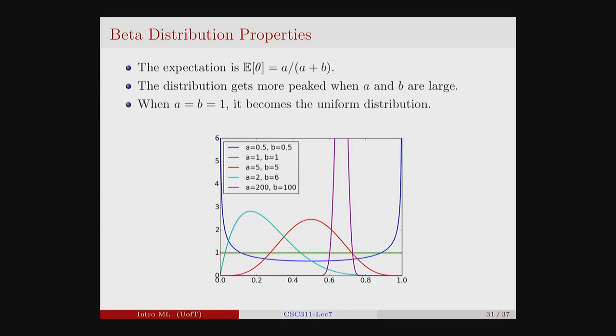If you're someone who has strong beliefs that the probability of showing up heads is 0.65, you might want to pick this one. The configuration for A is equal to 200, B is equal to 100. So in this way, without seeing any data altogether, just by changing around A and B, you can express preferences about what the values of theta should be for this coin.